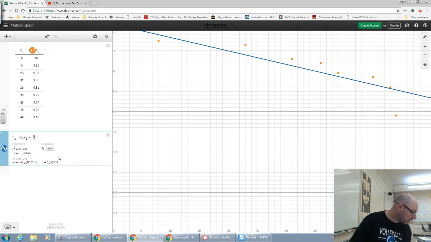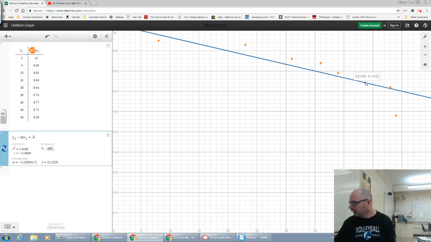And interpolate the possible world record in 2007. So 2007 is 47 years after. If we go down to 47, it's 9.72. That would probably be the record there, very close to what that point is.